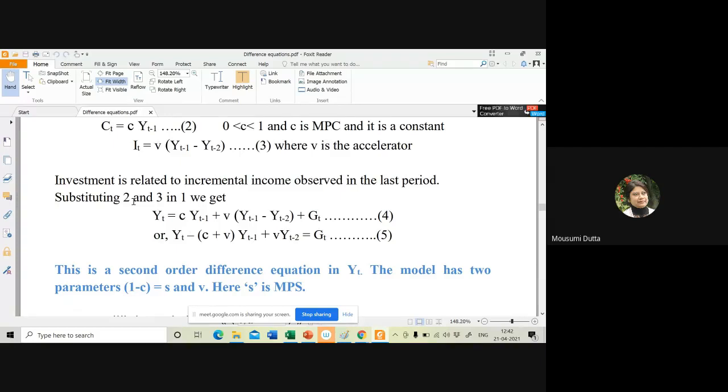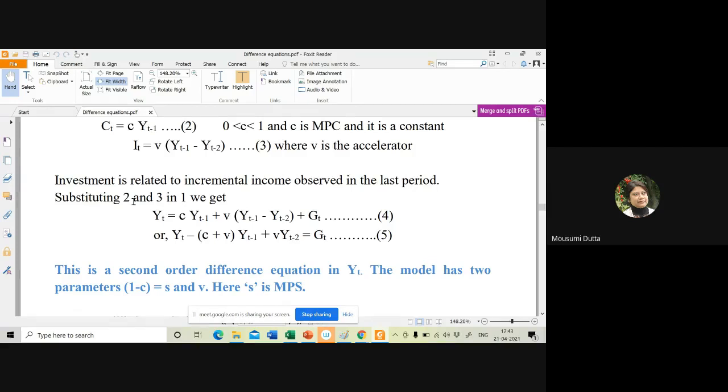Here the model has two parameters: c, the MPC, and v, the accelerator. However, in the rest of the exercise, instead of considering small c, I'll consider c as 1 minus s.